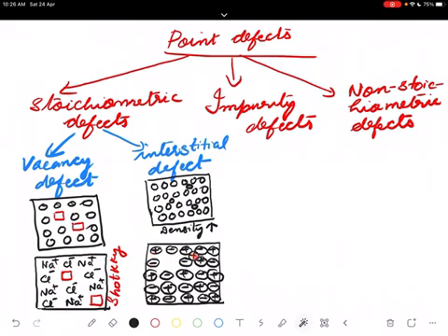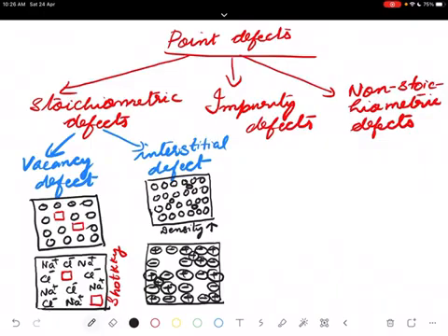I am dislocating one more from here. So in its new location, it is an interstitial defect. It's also called dislocation defect.